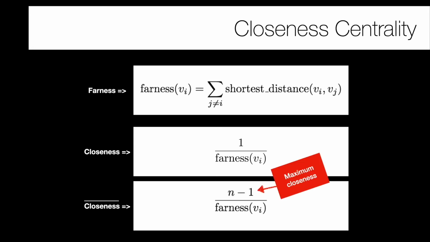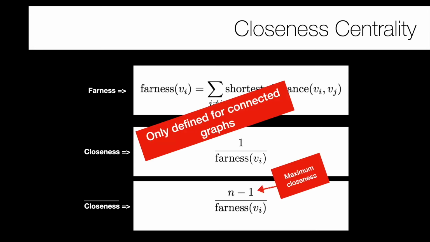This is the maximum closeness, but we can only define the closeness centrality metric for connected graphs, graphs that have paths between any pair of nodes. If we do not have that connected property, then you can only define closeness on connected components within that graph, which is very similar to some of the restrictions you get with PageRank.